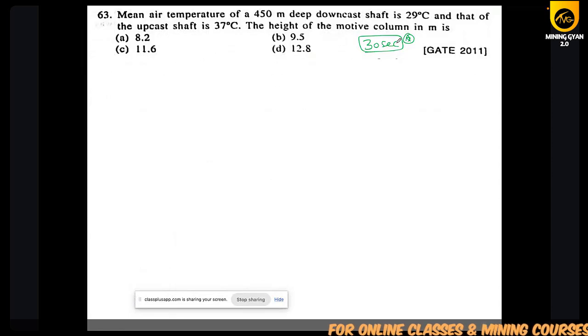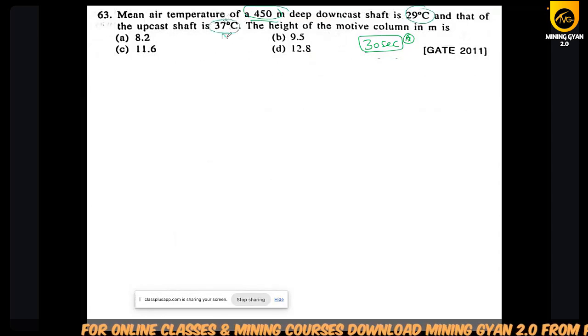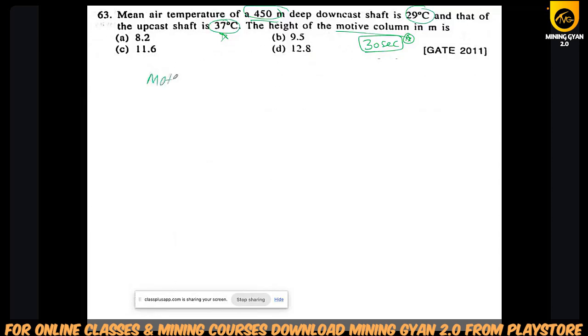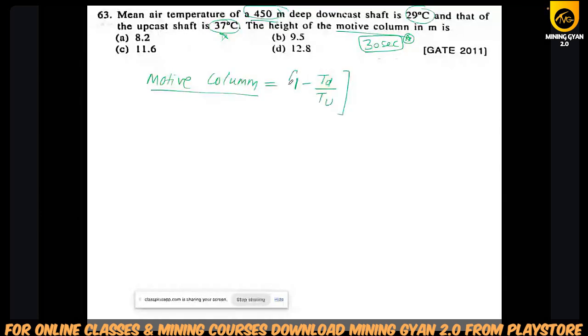Because अगर एग्जाम में ऐसा पूछ दे कि मीन एयर टेम्परेचर दिया गया है, डेप्थ दे रखी है, अपकास्ट डाउनकास्ट टेम्परेचर दे हैव गिवन, देन फाइंड आउट द मोटिव कॉलम. सो मोटिव कॉलम, then you need to know this formula directly. 1 minus downcast temperature divided by upcast temperature, multiplied with the depth.